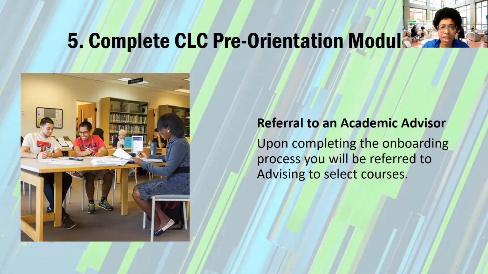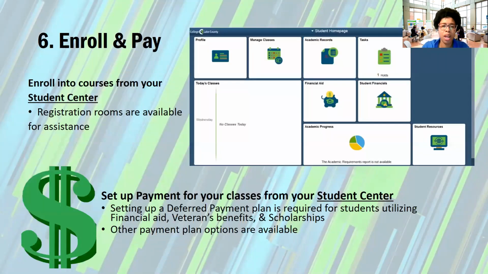Once you've completed everything with your College and Career Navigator, make sure all your information is updated and that they see you have completed everything. They will either advise you for classes, depending on whose you are, or they will refer you to an academic success advisor in the advising center to get your classes picked out. After that, the next step is, of course, to enroll into them.